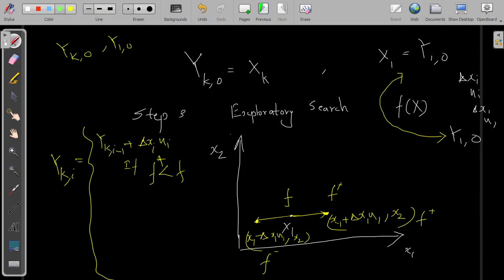So you have to choose this as the new point, that is yki, and yki will be equal to yk i minus 1 minus delta xi ui, that means this point, if the value of the objective function at this point, that is f minus, is less than f.